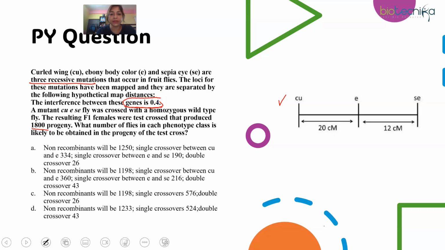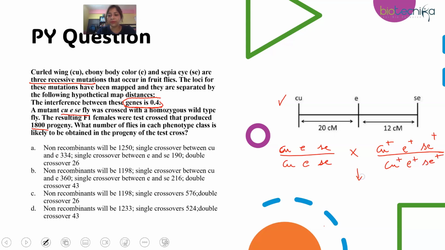Interference, right? So let me write down the cross first. We have this mutant CUESE homozygous, which is crossed with a homozygous wild type fly. The wild type will be, let's say, CU plus E plus SE plus on both chromosomes.